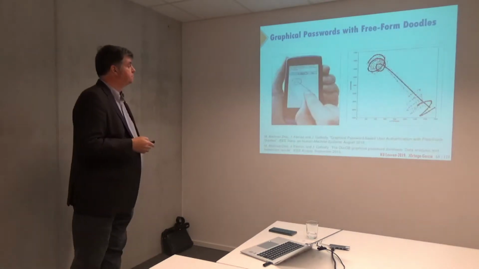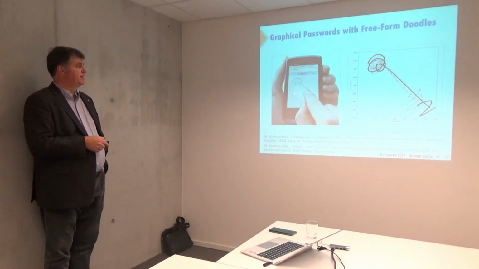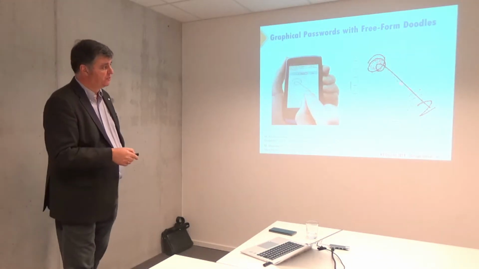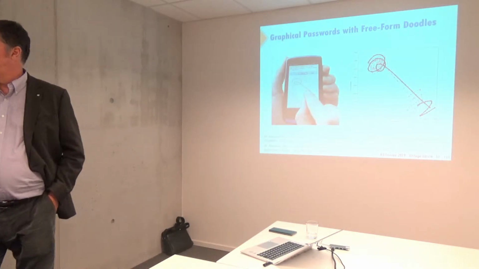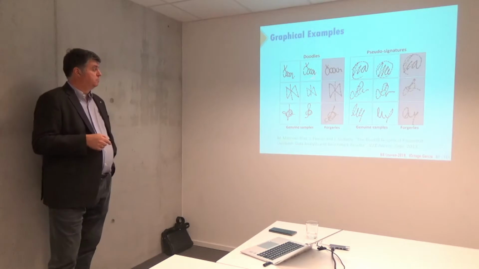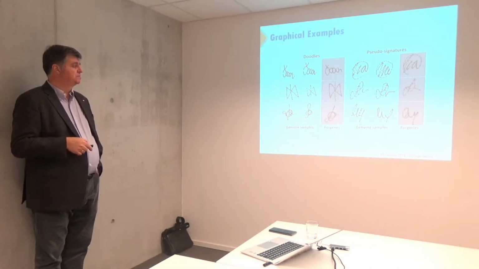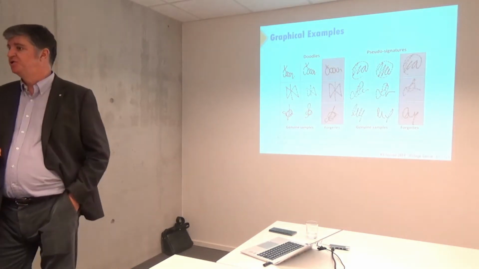Okay. So this is how we took the data set for the freeform doodles. This kind of doodles, you see here several samples with the variability. You have both doodles and pseudo signatures or short signatures.